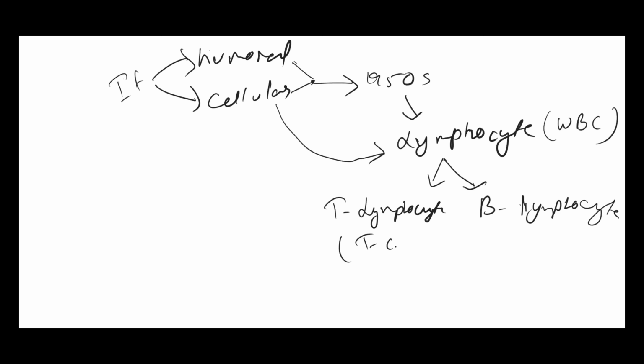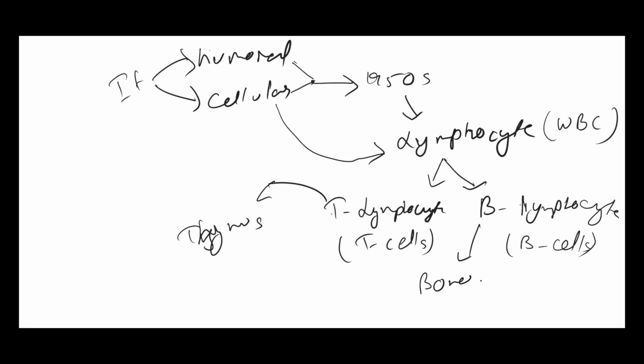T lymphocyte is also known as T cells, and B obviously is B cells. It's hard to remember T and B, so from origin we can remember: T's origin is from the thymus, and B's origin is from bone marrow.